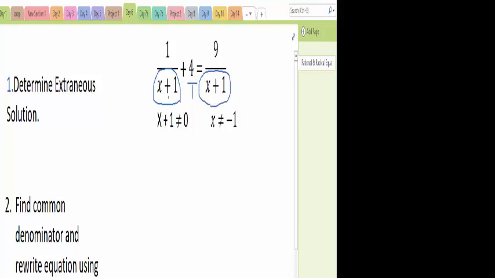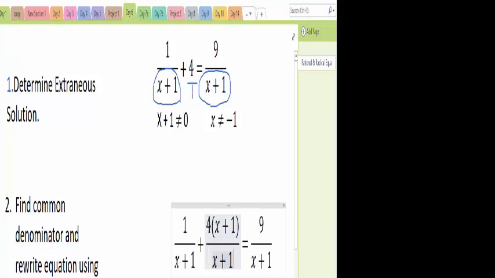So we don't have to change the first fraction or the last fraction, but we do have to change this middle one to reflect x plus 1 as the denominator. In order to make x plus 1 for the denominator, we had to multiply it by x plus 1, and then we multiply the numerator by the same thing. Now we can multiply through by the common denominator, which eliminates our common denominator.